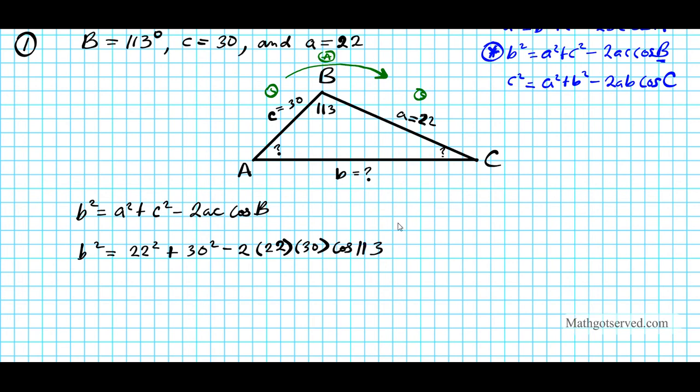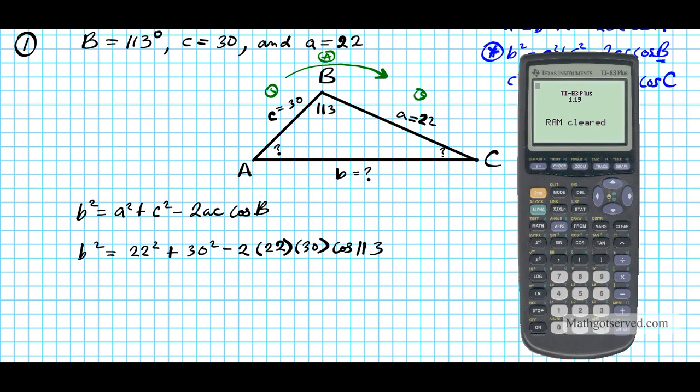Okay? All right, let's plug this into our calculators. Let me set my mode to degrees real quick. We're going to have 22 squared plus 30 squared minus 2 times 22 times 30 times cosine 113.